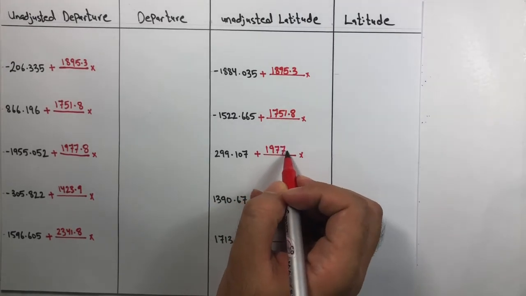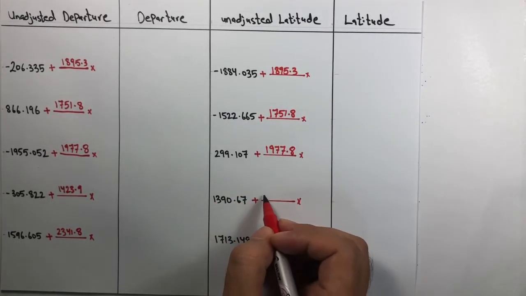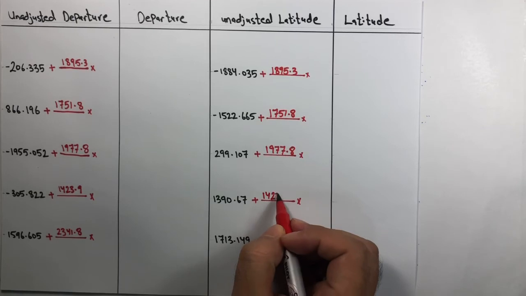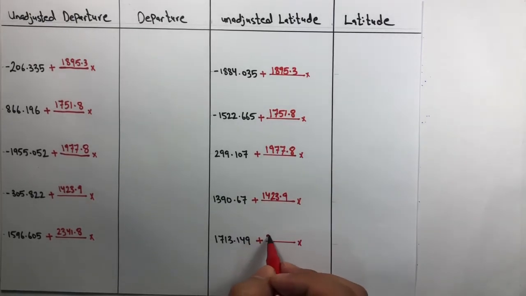1751.8, 1977.8, 1423.9, and 2341.8. So as we said, the correction is directly related to the ratio of the lengths comparing with the total length.